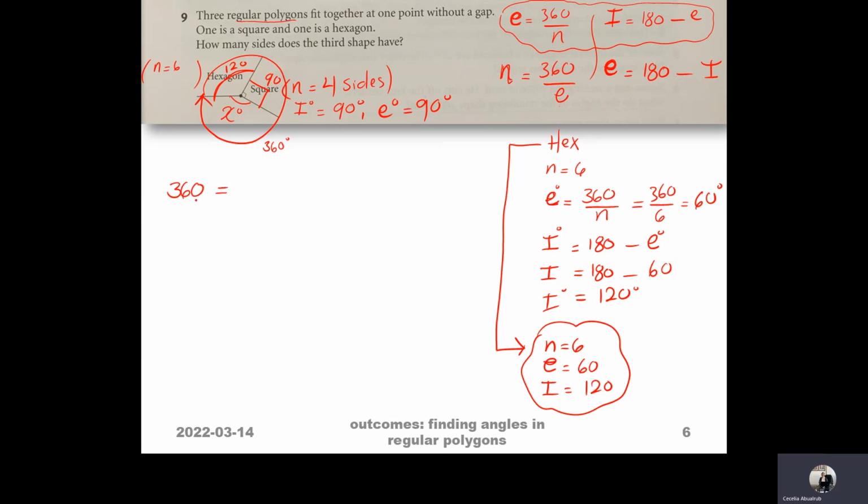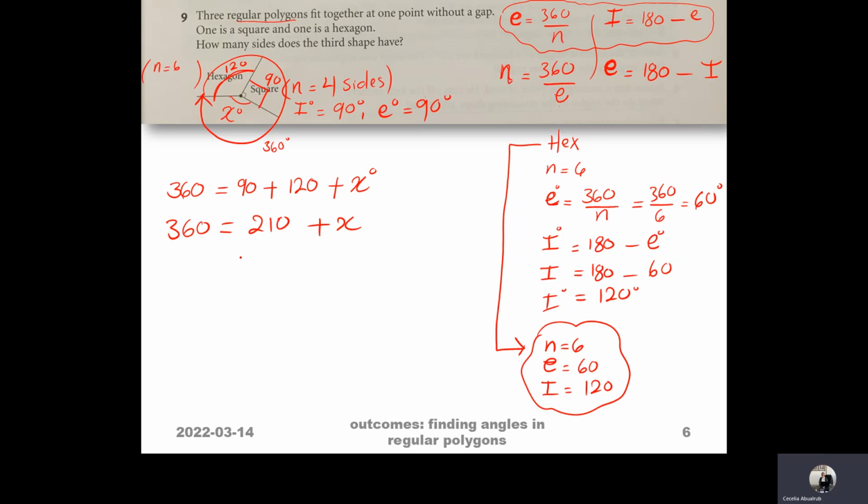So 360 is equal to, the given angles are 90 plus 120 plus the unknown angle, which is x, is equal to 360, right? Let's simplify now. 90 plus 120 will come down to 210. 360 is going to come down as is, plus x.